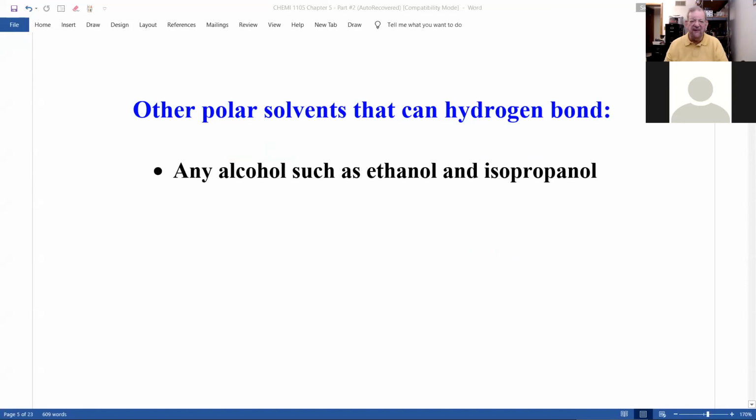And other polar solvents, I'll talk about it, can hydrogen bond and make soluble homogeneous solutions. Ethanol is one, isopropanol is another.